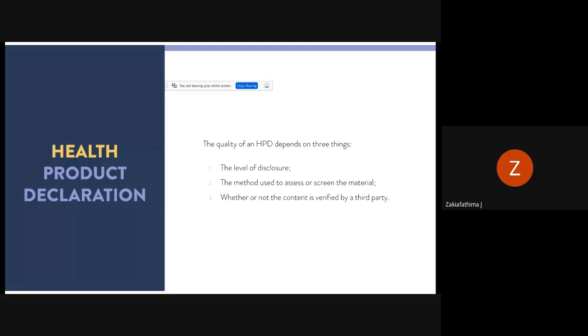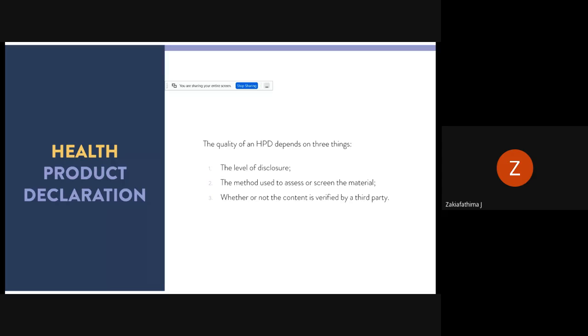They will check what information you have disclosed about your product, and then the methods used to assess and screen the material. So what methods have you actually used for screening the material?